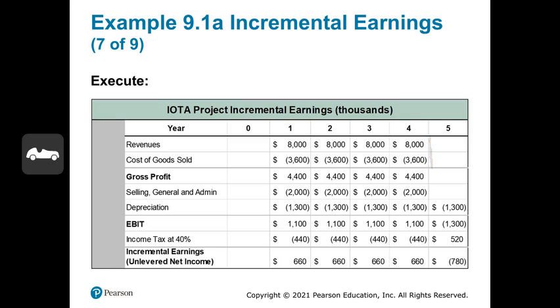We had a 40% tax bracket. So we have incremental earnings for each year. Okay, this is not cash flow yet. We're going to get there. They asked us to calculate incremental earnings based on this project, so we have the incremental earnings per year.